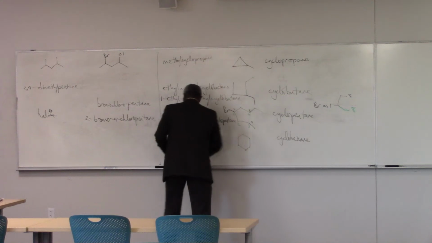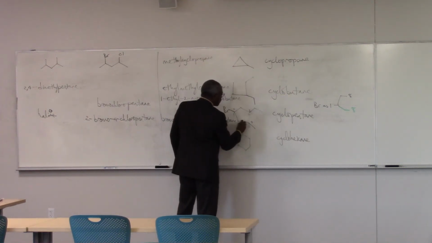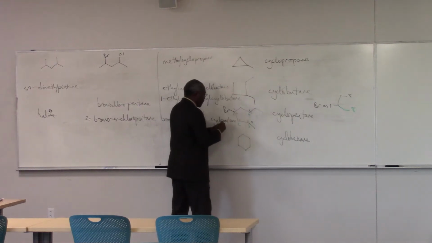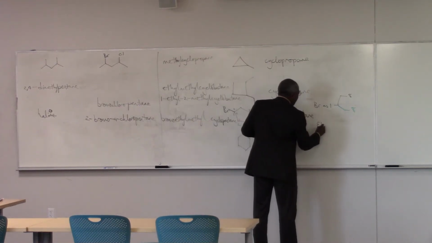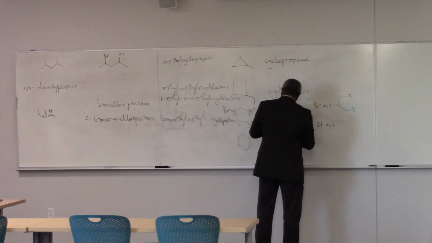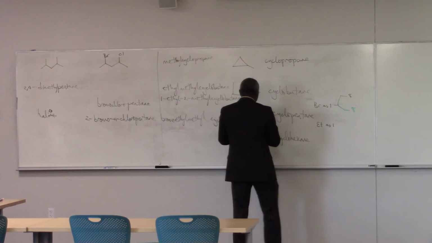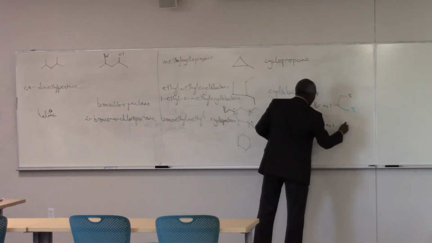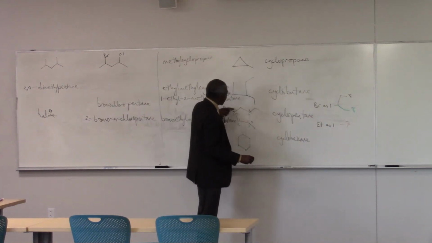So I'm going to write that down. If I start with this as 1, I can go 2, 3, 4. So the ethyl as 1, I have 1, 2, 3, 4. That's a sum of 7. That's a sum of 7, right? 1, 2, 3, 4. That's a sum of 7.